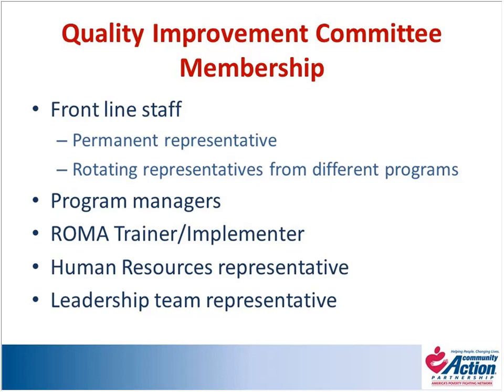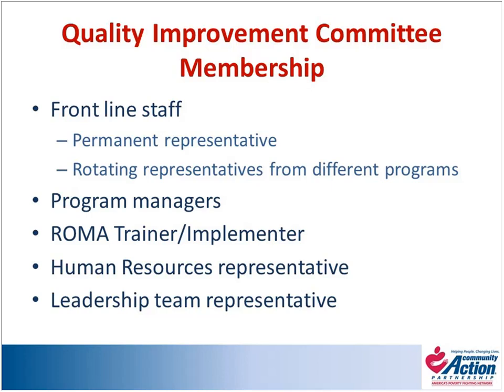And finally, you may want to have a leadership team representative on this committee, again, to provide that important connection to upper level management to represent the interest of your overall leadership team, and also to make sure that any updates, any key issues are dealt with in a more rapid fashion rather than waiting maybe for a quarterly update.